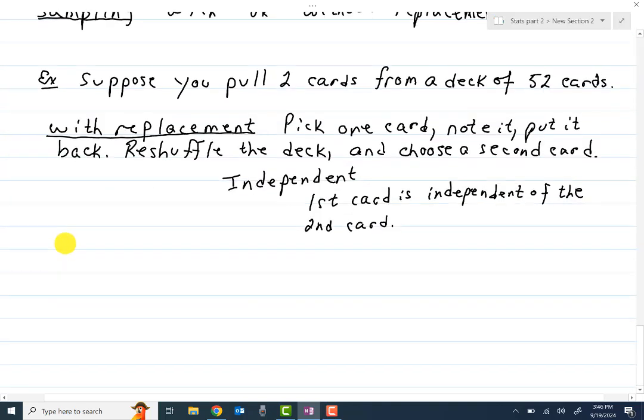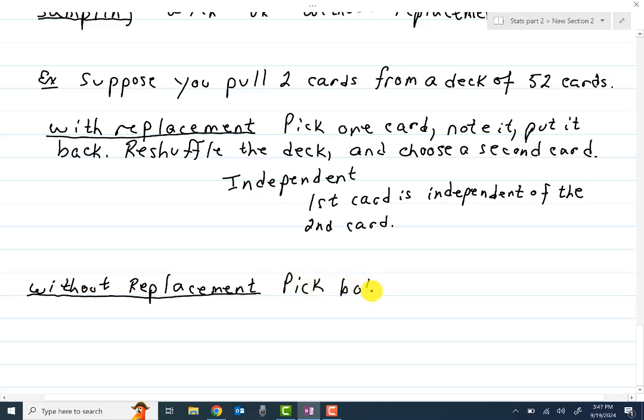Now, without replacement. You can either pick both cards at once, or you can pick them one at a time.